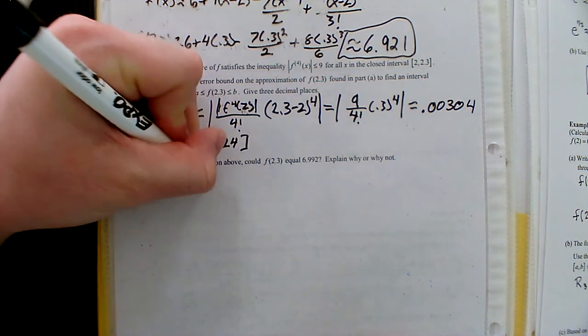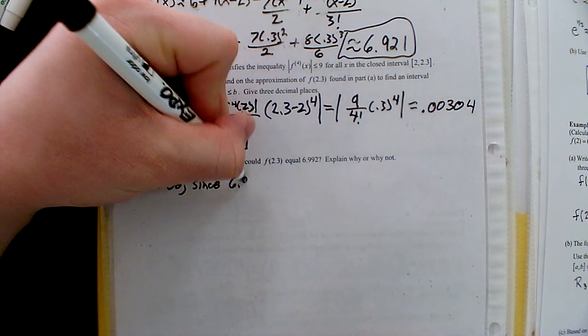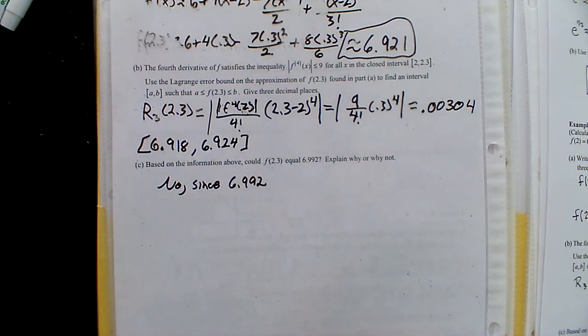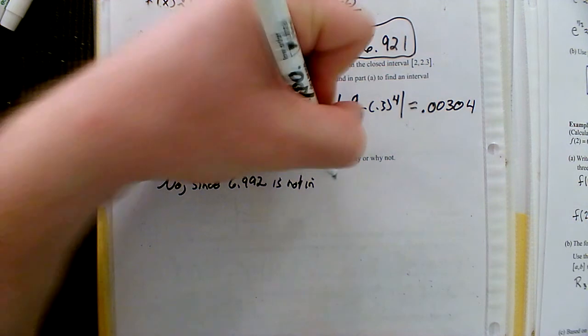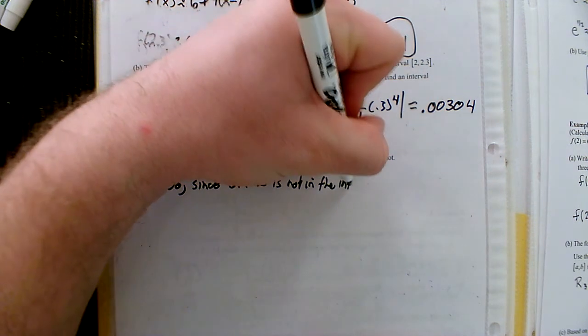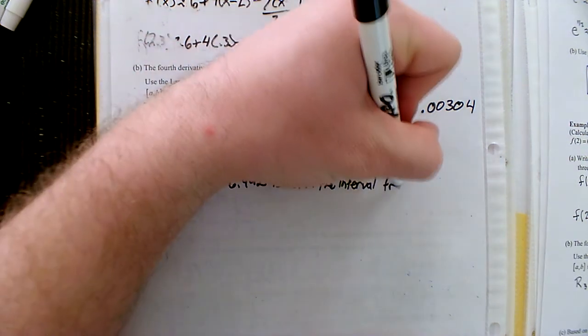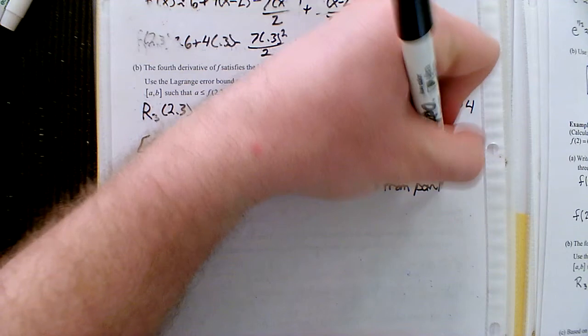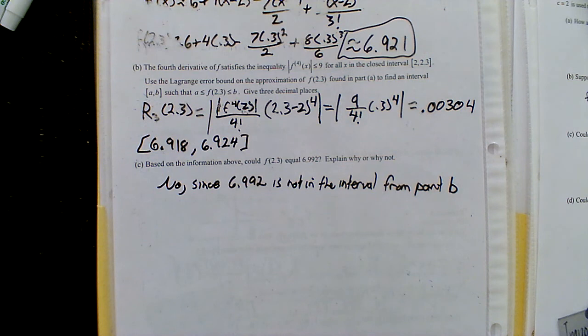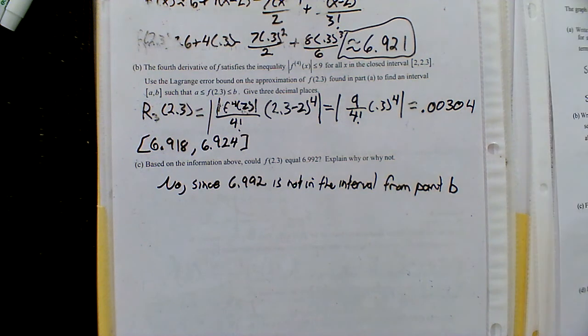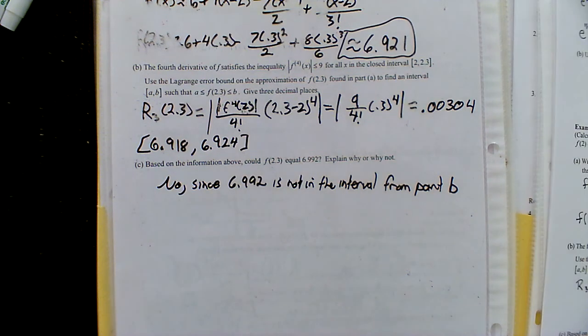No, since 6.992 is not in the interval from part B. Again, that ends examples 3 and 4. Example 5 is a little longer, so we're going to take our time on that tomorrow.